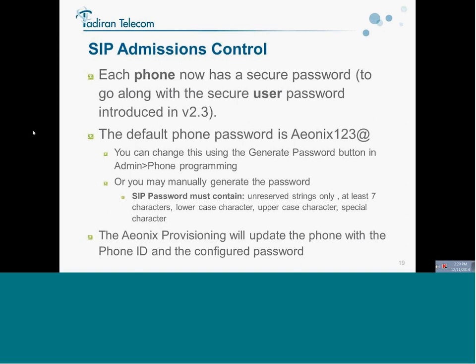Okay, and once that's changed and you use the Aeonix provisioning, of course, the Aeonix provisioning will update the phone with the appropriate phone ID and the newly configured password. Done. So you need to do it on the Aeonix side, and the provisioning will take care of the rest.